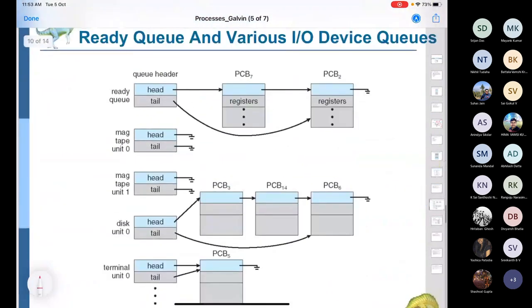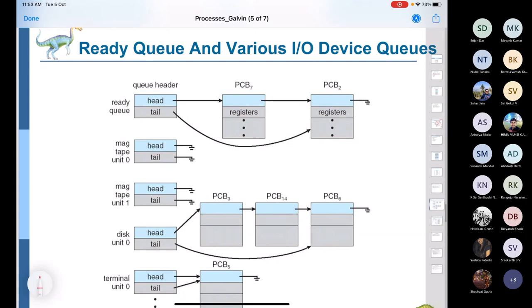So how does it look? For example, a ready queue and various IO device queues are shown here. Suppose there is a disk. The disk has several process control block data structures as linked list nodes. Currently, 3 processes are waiting: the PCBs of process number 3, process number 14, and process number 6 are waiting to access the hard disk drive.